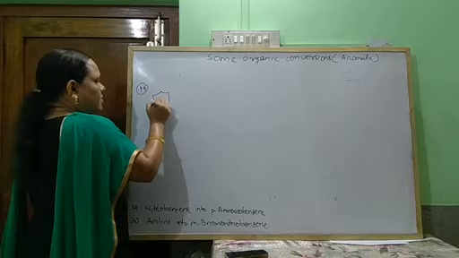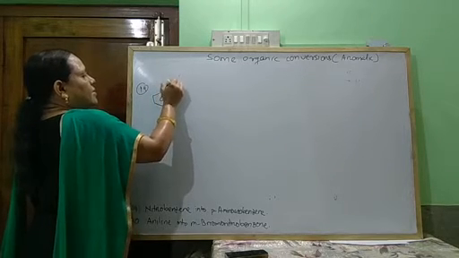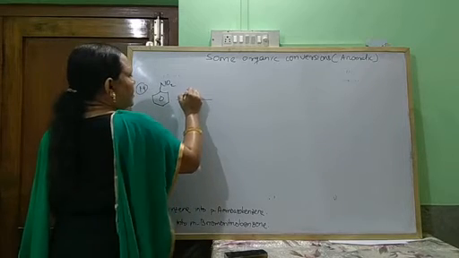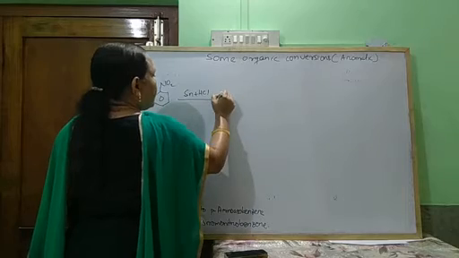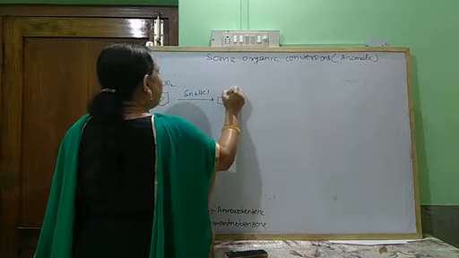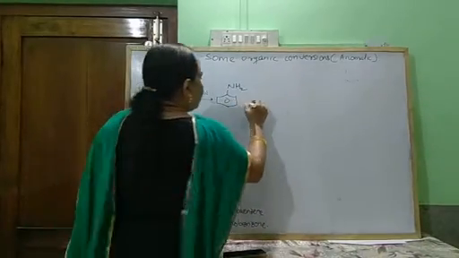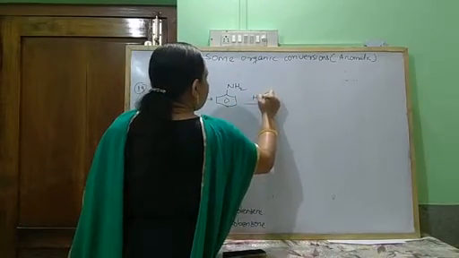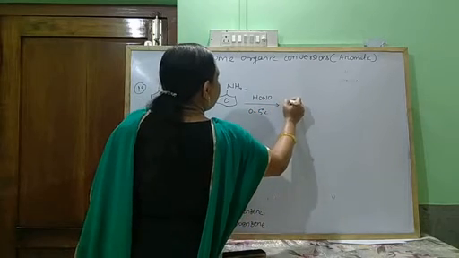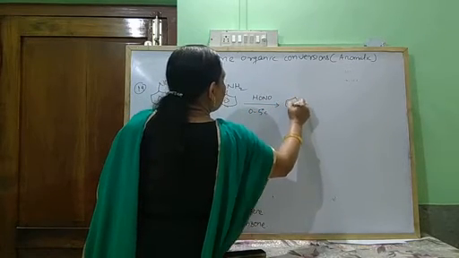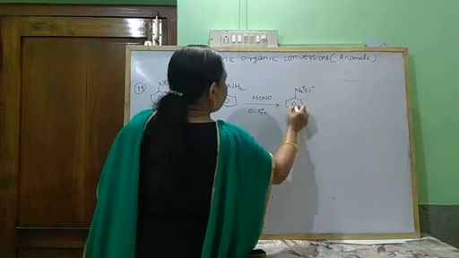So this is nitrobenzene reduced with tin and hydrochloric acid forms aniline, treated with nitrous acid forms benzene diazonium chloride.